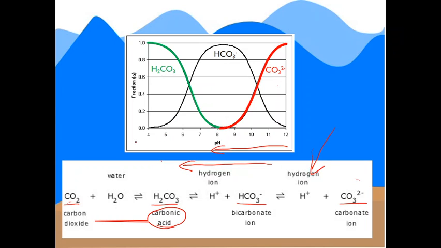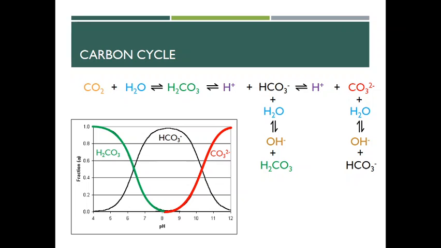Alternatively, if you were to start over on the left and make the pH go up, everything goes to the right then. The thing is, it's more complicated than that.